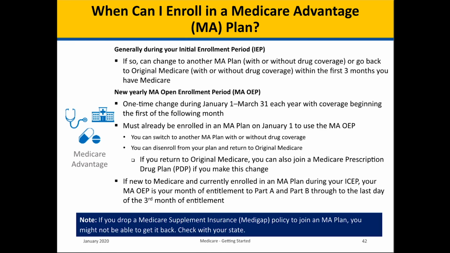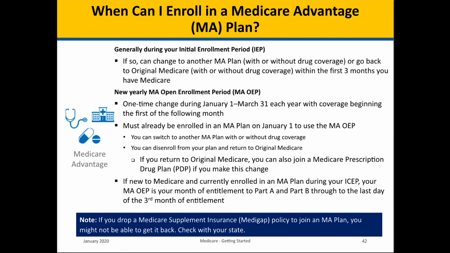So how can you enroll in a Medicare plan or Medicare Advantage plan? You can enroll during your IEP for Medicare A and B. There is an MAOEP, which allows individuals enrolled in an MA plan to make a one-time election during the first 3 months of the calendar year.